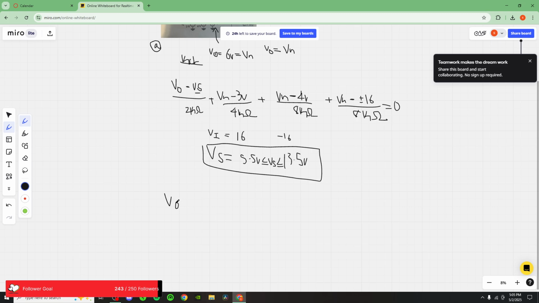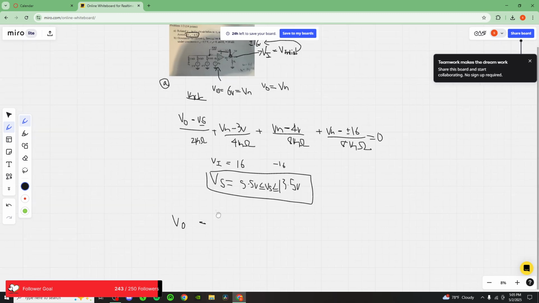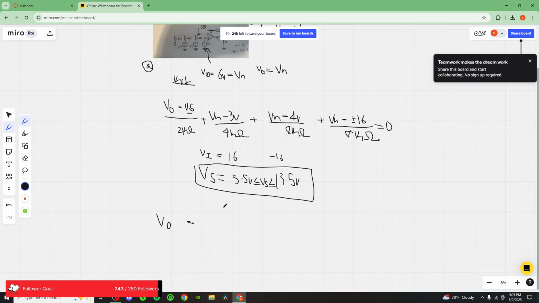V0 minus 0.5 volts for the Vs, we're just going to copy the equations over, over 2 kilo ohms, plus Vn minus 3 volts over 4 kilo ohms, plus Vn minus 4 volts over 8 kilo ohms.